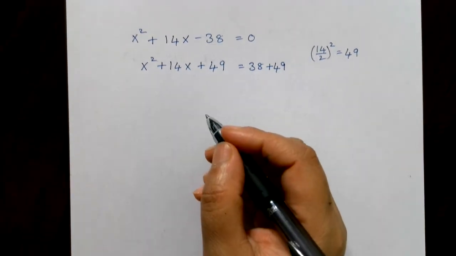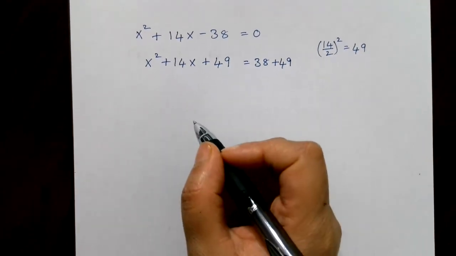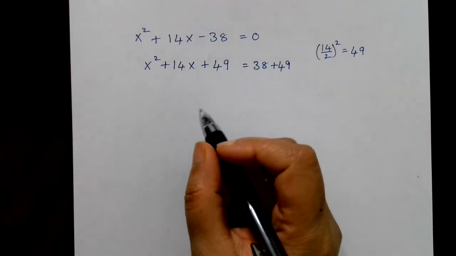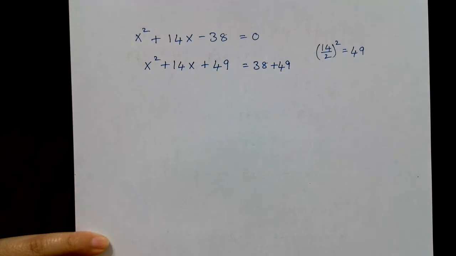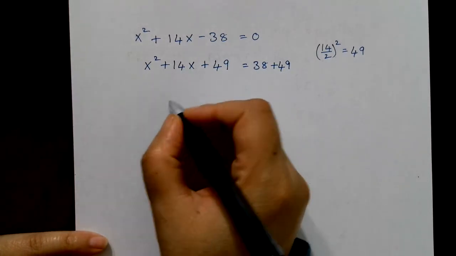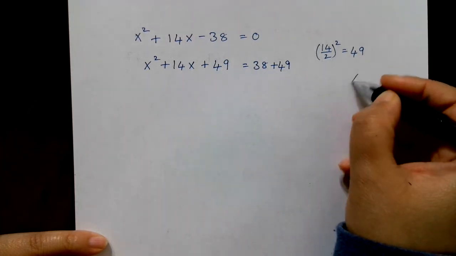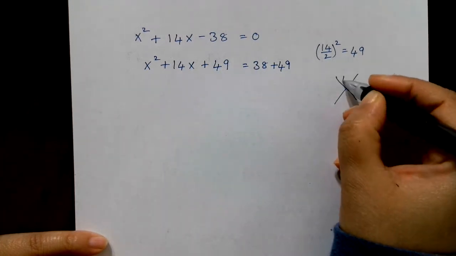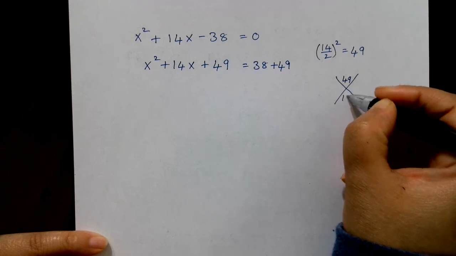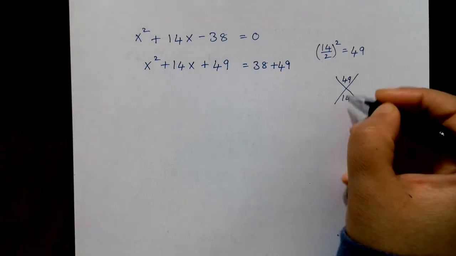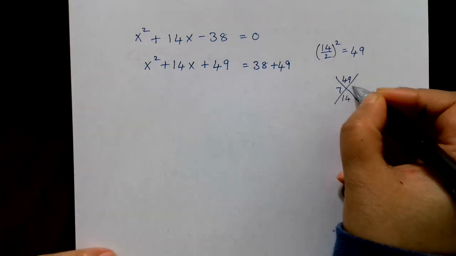And then we have to factor this trinomial. In order to factor this, we have to find the factors of 49 that add to give us 14. The factors of 49 that give you 14 are 7 and 7.